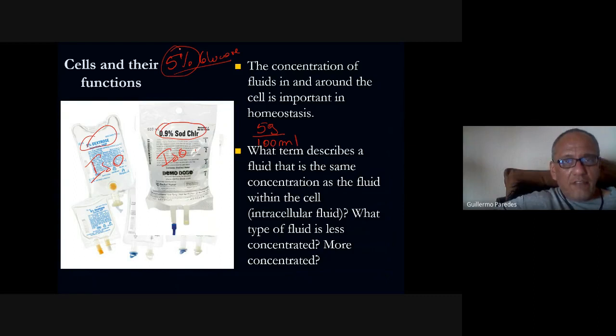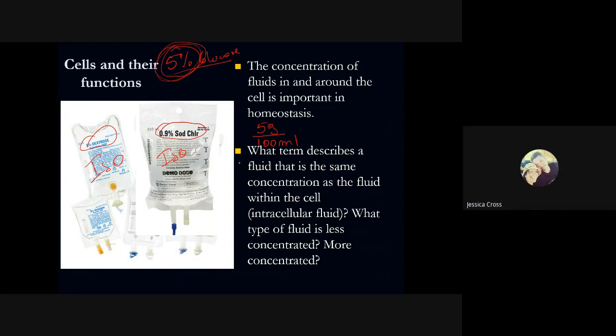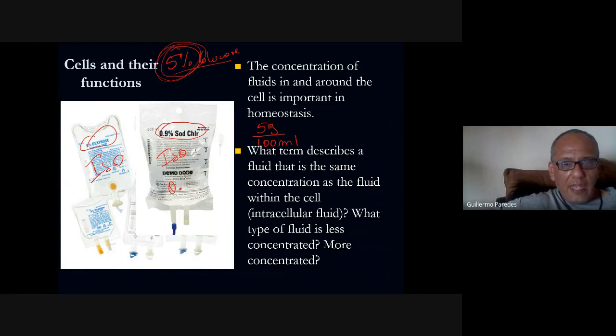That is very important information: you have 5 grams. I didn't say milligrams or kilograms. I said grams. 5 grams of glucose in 100 mLs. We okay with that? Excellent. And here we have 0.9%. That means that you have 0.9 grams in 100 mLs. Okay?